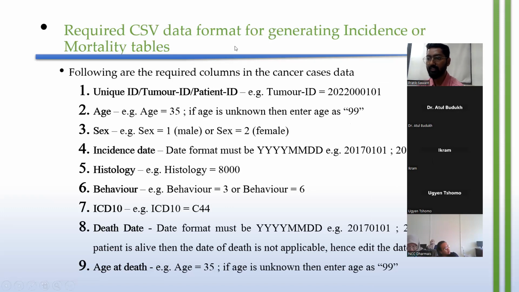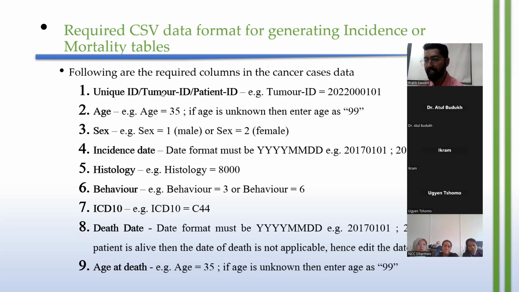So first we will discuss the required CSV data format for generating the incidence or mortality tables. These are the columns required in the cancer case file while using the Nirmiti application.